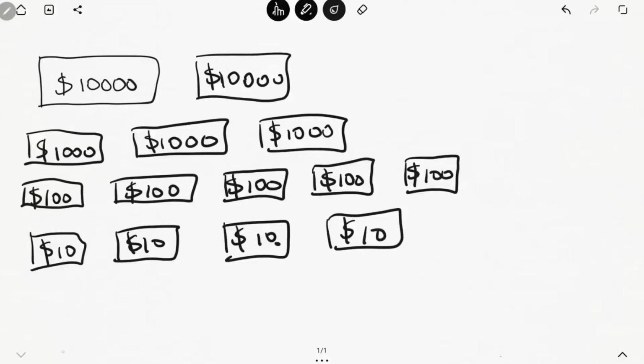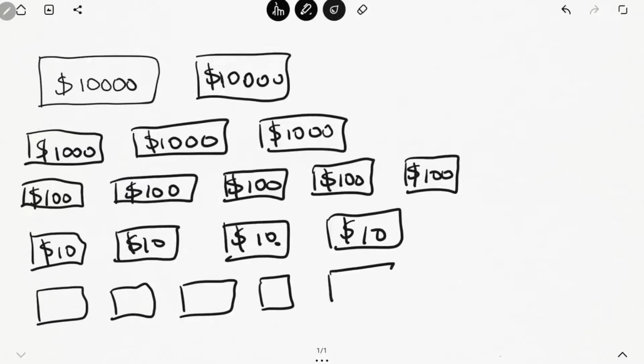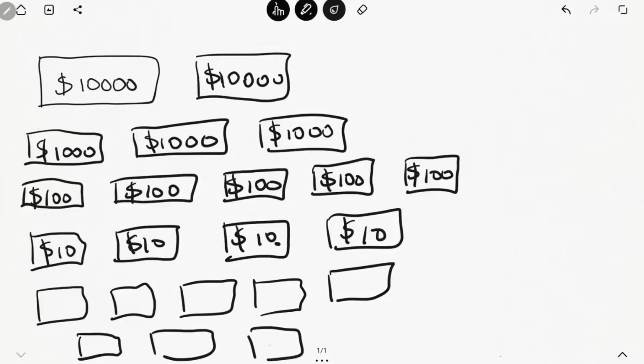All right, and finally, 8 $1 bills. All right, so forgive the crappy drawing, but this is the point.